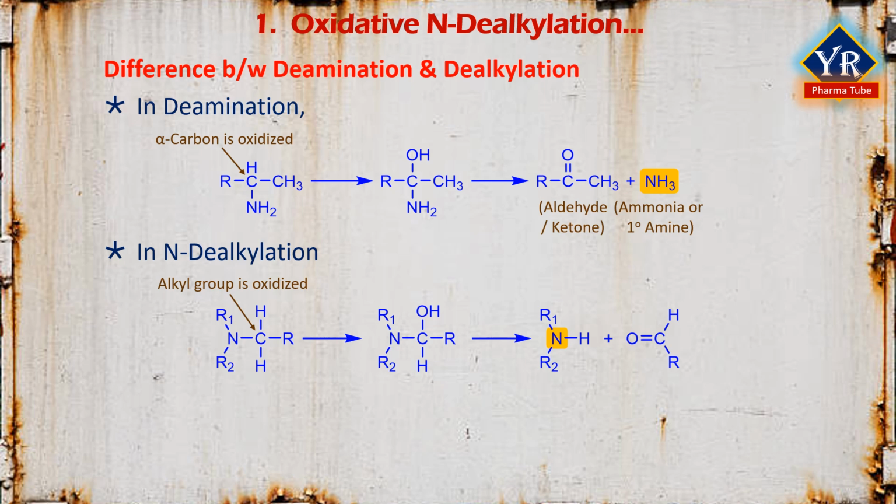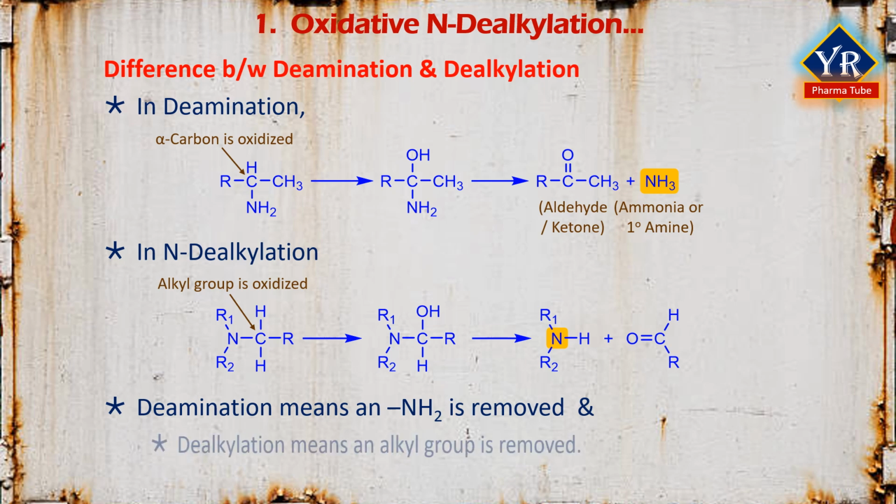To prevent any confusion between these metabolic processes, you are highly encouraged to compare the examples which are discussed in deamination and those shown below, and take advantage of the fact that deamination literally means that an amine is removed from the drug molecule and that dealkylation literally means that an alkyl group is removed from the drug molecule.